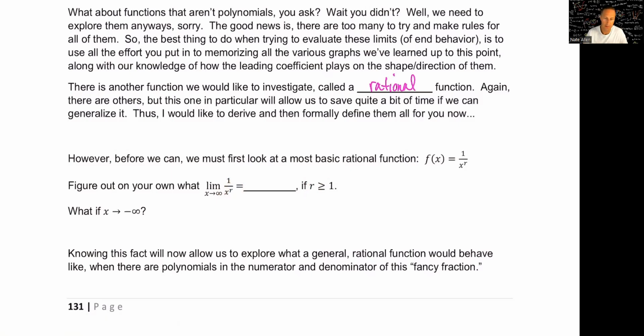Well, remember, if you have 1 over a really big number, even raised to a power, whether it was a 1 or anything greater, then when you take 1 and divide it by a really big number, it just keeps getting smaller and smaller and smaller.